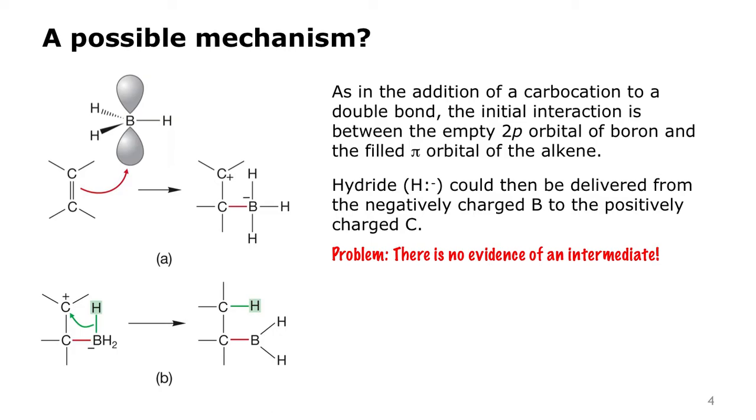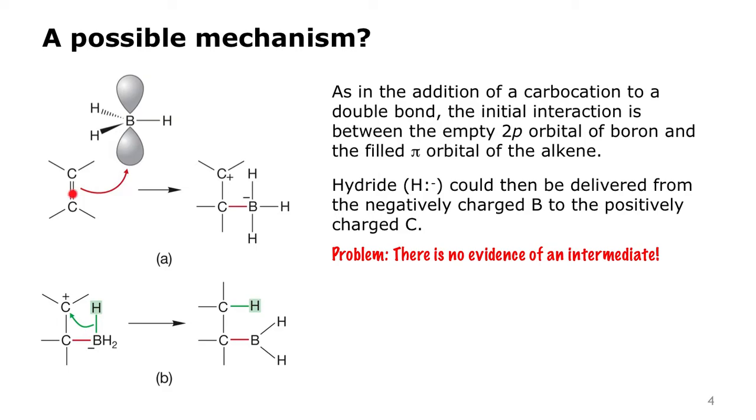So how does this reaction happen? What's the mechanism by which borane adds to double bonds in a way where we end up with boron bonded to one of the double bond carbons and hydrogen bonded to the other? One possible mechanism would be similar to some of the things we saw before, where the alkene acts as a nucleophile, an electron pair donor, a Lewis base, and in this case, borane acts as an electron pair acceptor.